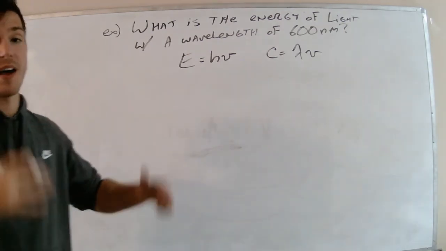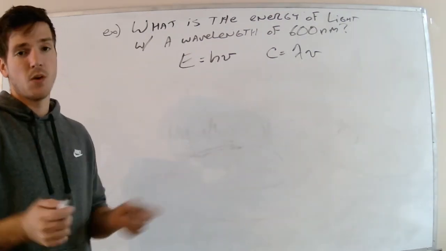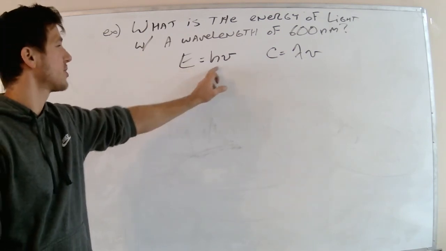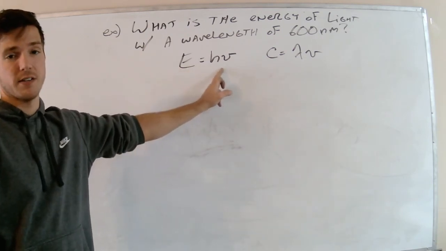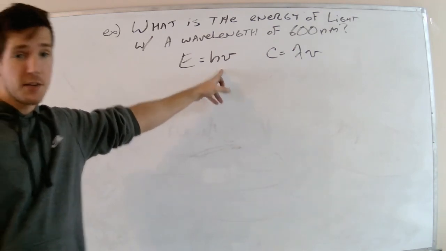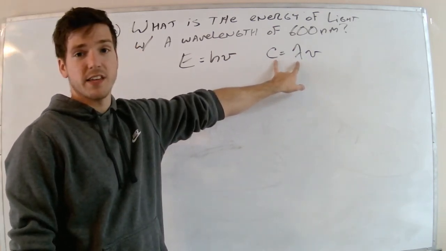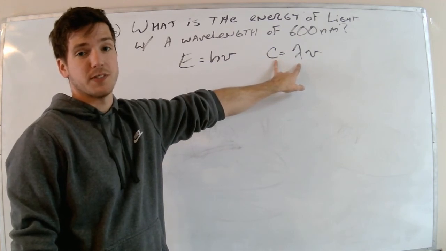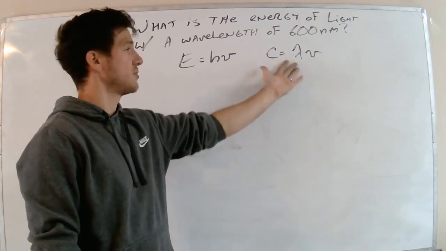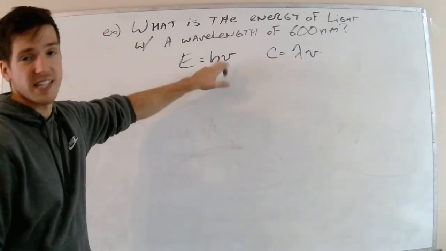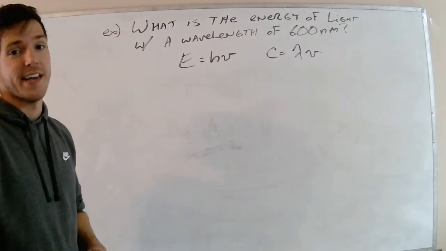Okay, they want energy. They give us wavelength. This is the equation for energy, but unfortunately, there's no wavelength in here. But luckily, I have another equation that helps me take wavelength and change it to frequency. So I'm going to use this equation first, then solve for frequency and plug it into this guy and solve for energy.